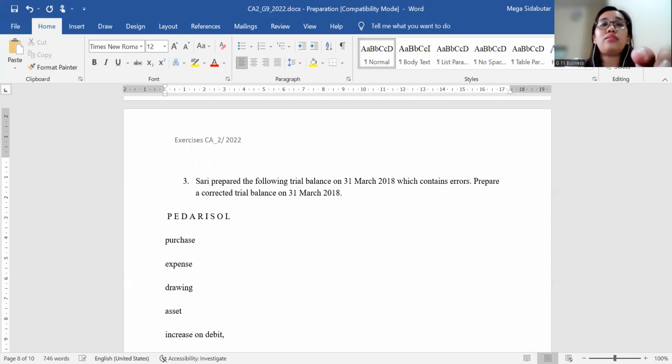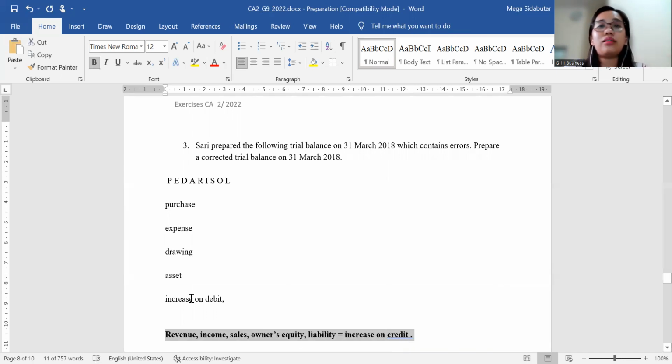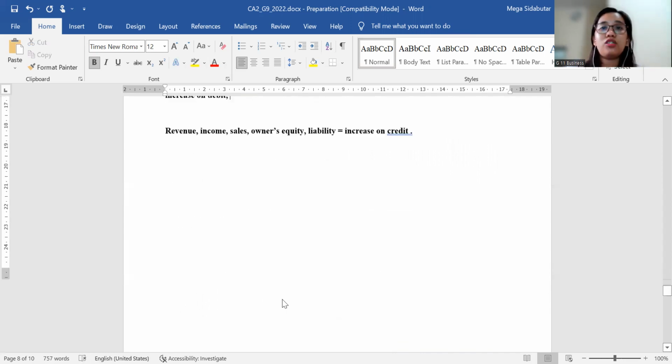The second group is R: revenue, income, sales, or the owner's equity, and liability. All of them are increased on the credit side. It means the normal balance for all these accounts is on the credit side, while for the others it is on the debit side. So don't forget this first.